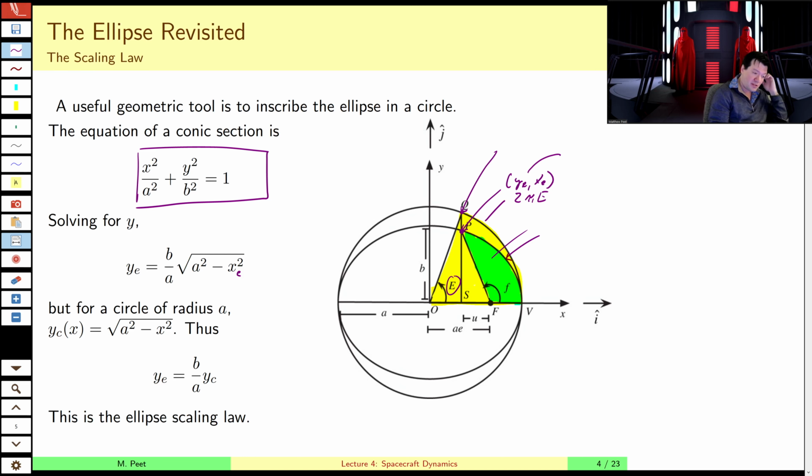Well, I better introduce the concept now of this inscribing circle. Obviously, circles are a little bit easier to deal with than ellipses. We have more known quantities about them.